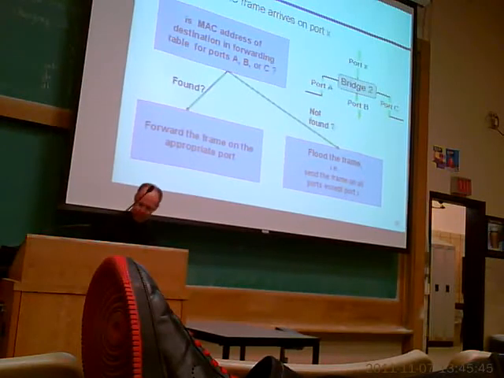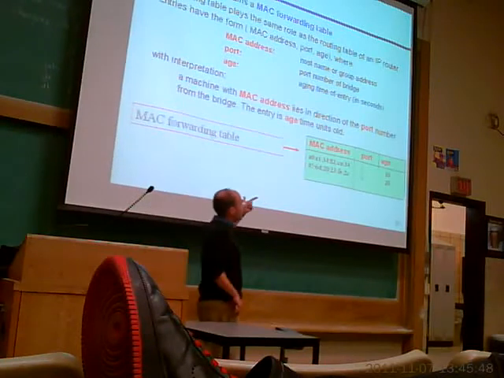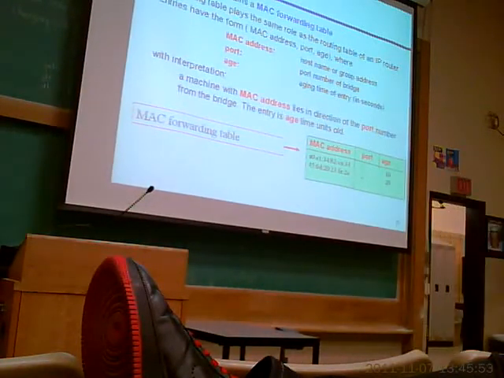Now what is interesting, and that's a big difference between a switch and a router, is what happens if you have a packet, you look up the destination address and you don't find a match in the routing table.